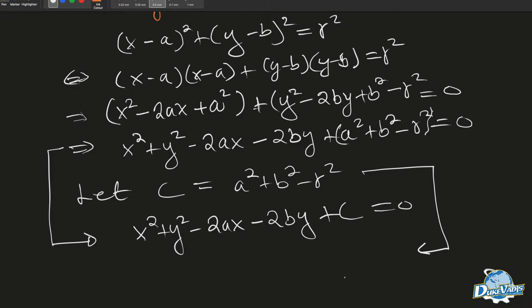If you make r the subject, now we have a squared and b squared, so r will be equal to the square root of c minus a squared minus b squared.